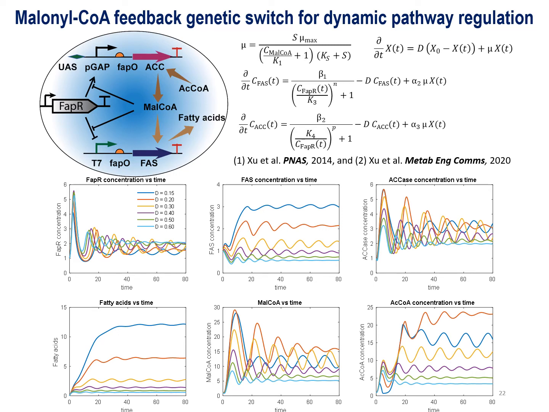There's no friction, which means they can dynamically compensate the enzyme activity for ACC and FAS. But in our real experiments, we found it behaves like a damped oscillation, because there's always protein degradation and always other factors affecting the cell growth and the gene expression.